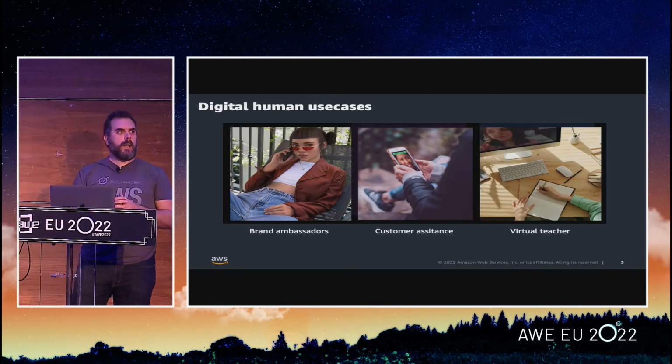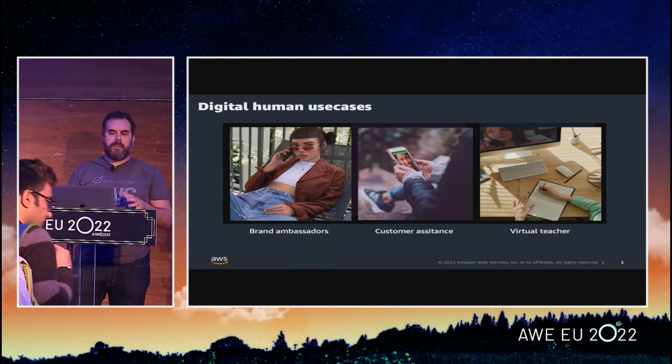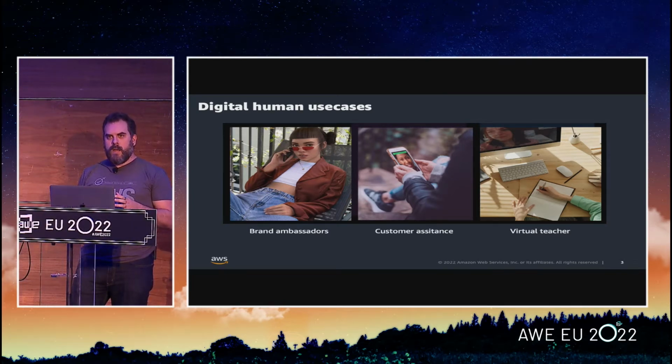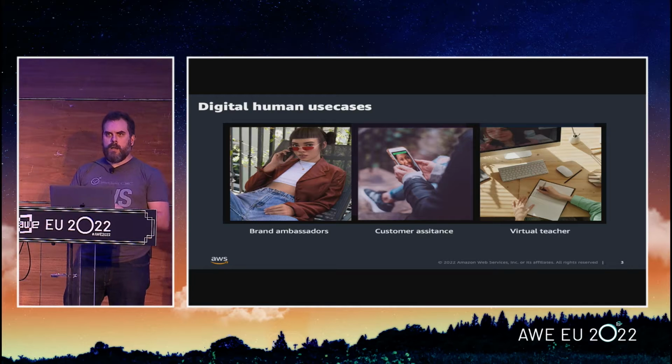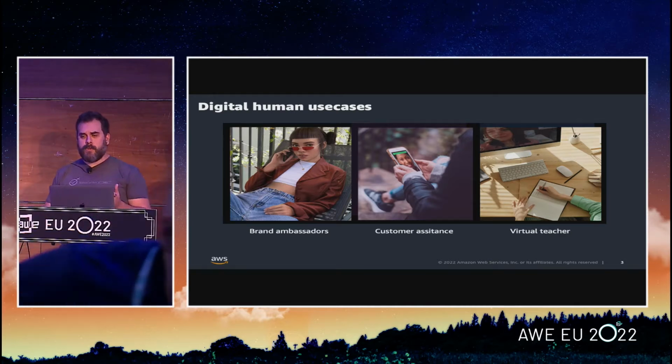So the use cases: of course, there are a lot of use cases for avatars and other scenarios, but in particular for digital humans, there are specific use cases where you want a very human-like digital human. It can be brand identity, so brand ambassador, where in the fashion sector they really need a very close look-alike human ambassador, as well as in customer care.